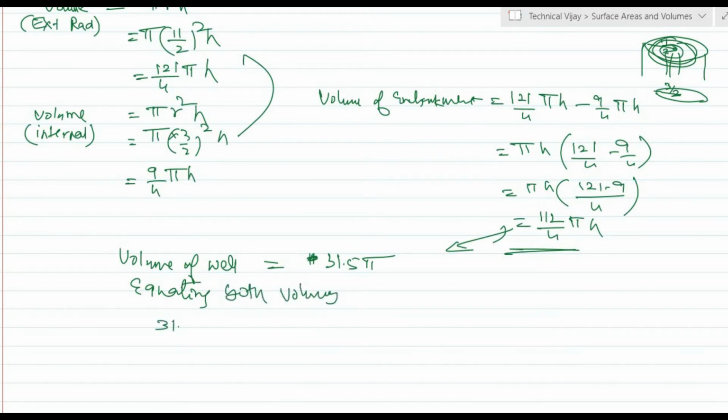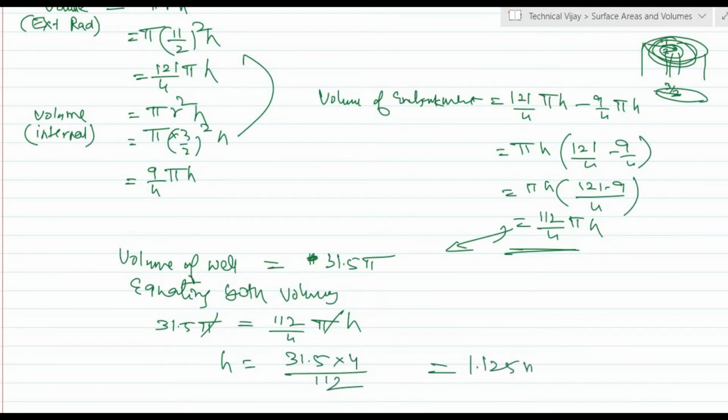So 31.5 pi is equal to 112 by 4 into pi h. So pi gets cancelled. So h is equal to 31.5 into 4 divided by 112. So this is equal to 1.125 meters.